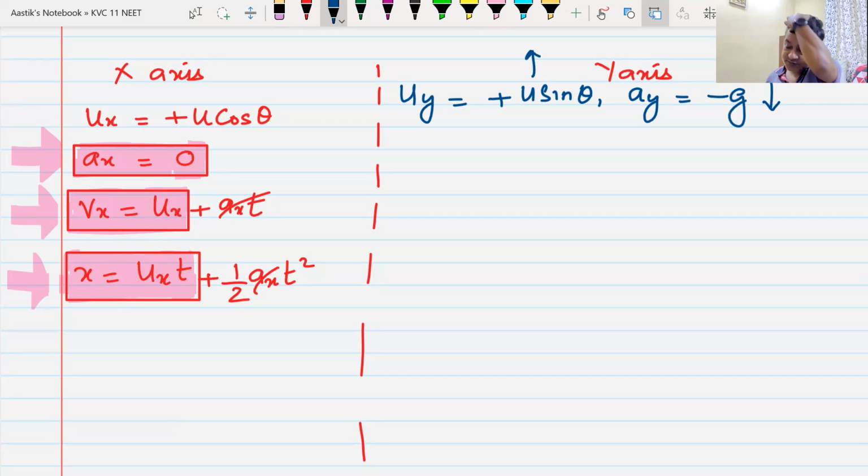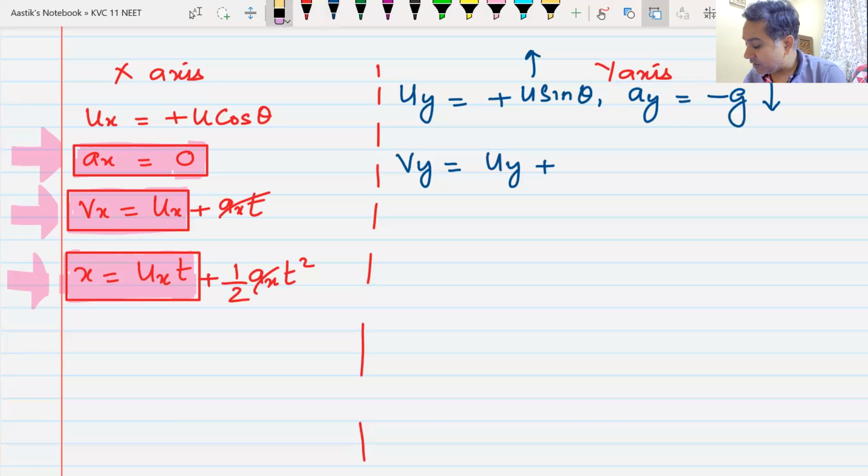So now if I write the equation for y-axis, I will get the first equation Vy is equal to uy plus ay into t. Let me just write the values here. Vy will be equal to plus u sin theta minus gt.